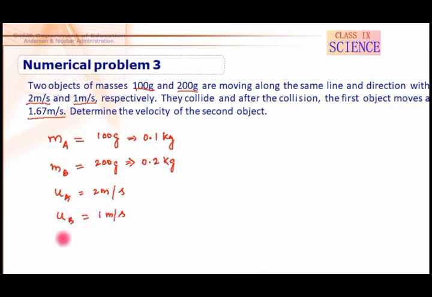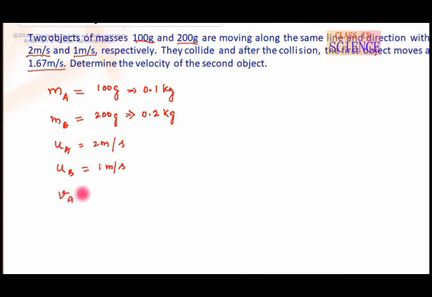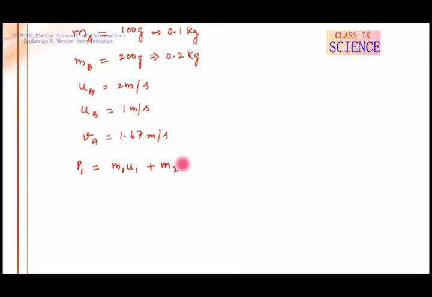Now, after collision, object A produces the velocity of 1.67. So here we write VA is equal to 1.67 meter per second. Here we take P1 as the total momenta of both the balls before collision. So P1 is equal to M1 U1 plus M2 U2. Substitute the values. By substituting the values, what we will get?